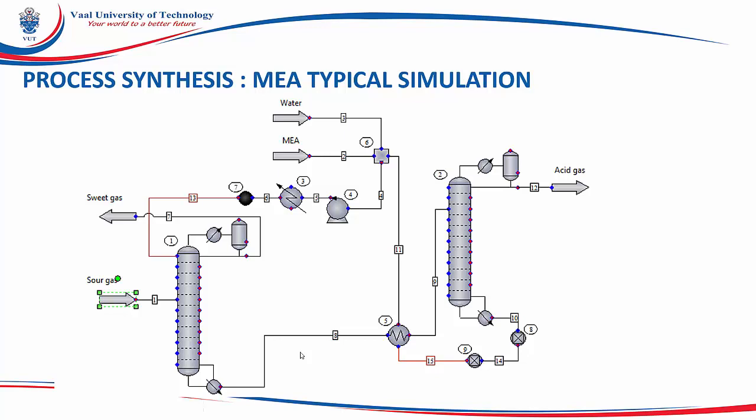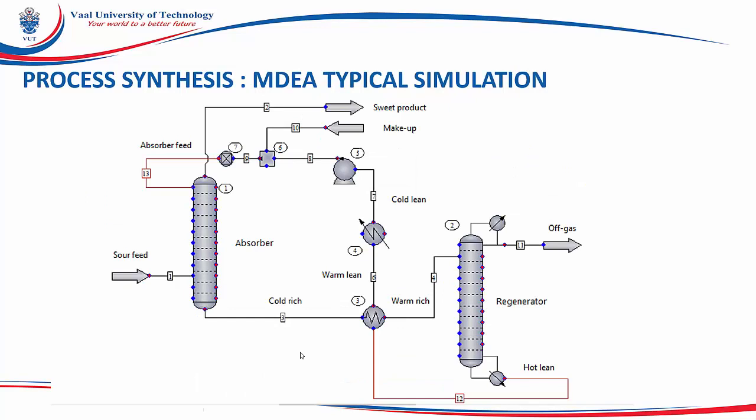So this would be the type of simulation you would do just to remove the CO2. Using MDEA, as you can see, the trend is slightly the same: you absorb and then you regenerate. On this side, you absorb the CO2, and once you have absorbed the CO2 into the solvent, you regenerate the solvent and then recycle it back to the absorber.